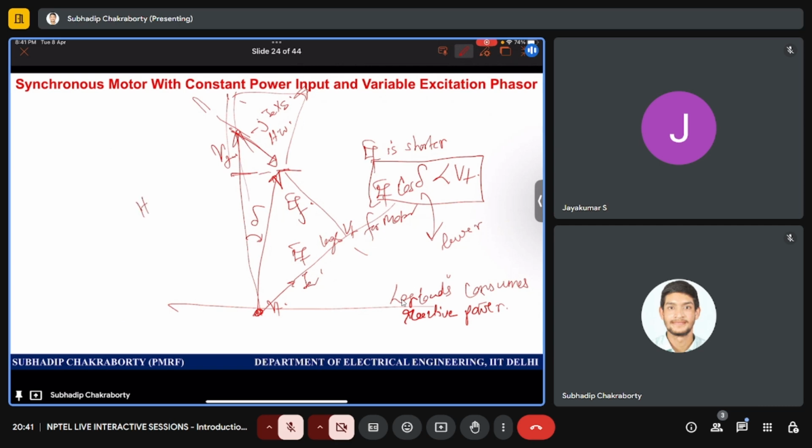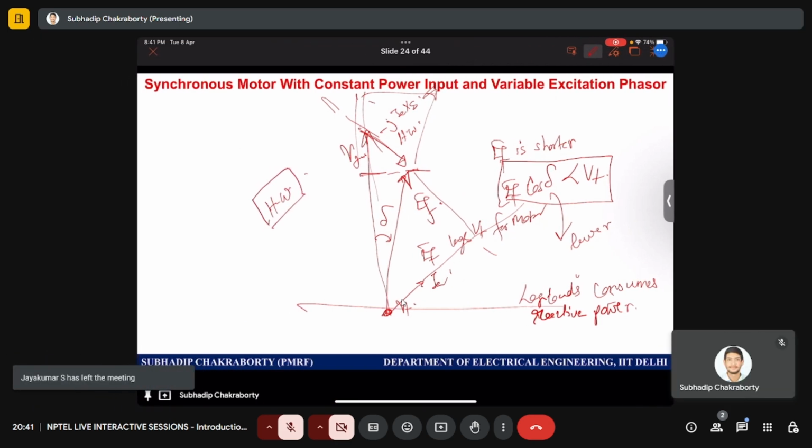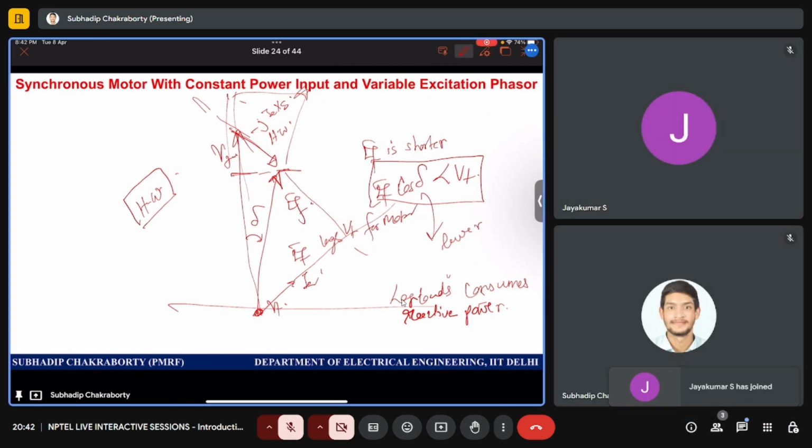So try to do it as a homework. So understood, right?